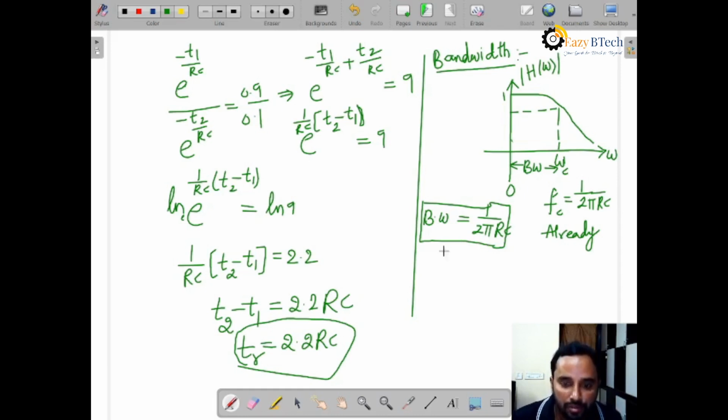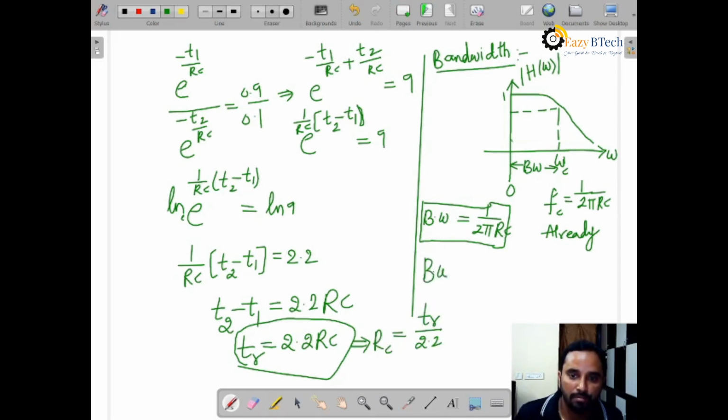So in the place of RC we can write 2 pi into bandwidth. Right or not? Just I am going to write the relation, nothing else. From the rise time expression, RC will become rise time by 2.2. So this RC I am going to substitute in the bandwidth.